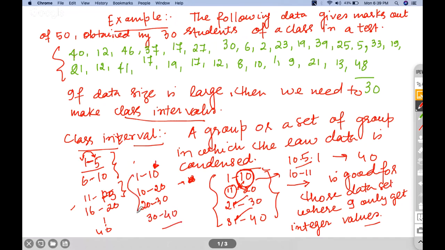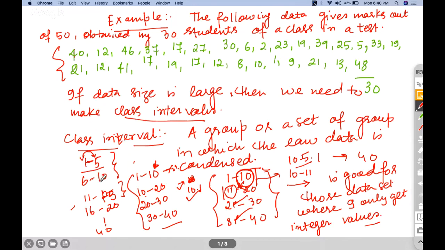In this kind of class interval, I can have decimal values. If 10.1 is coming, I know this is between 10 and 20, so I'll put it here. If 9.9 is coming, I'll put it in the earlier one. That is not possible in the other case: if 10.1 is coming, where will you put it? That one finishes at 10, the next starts at 11, so I will not be able to put decimal data.